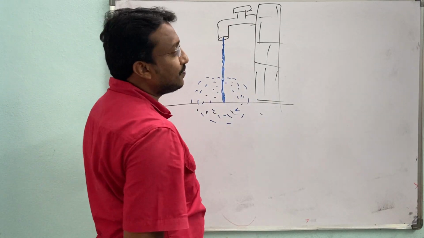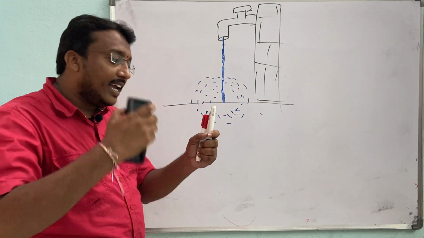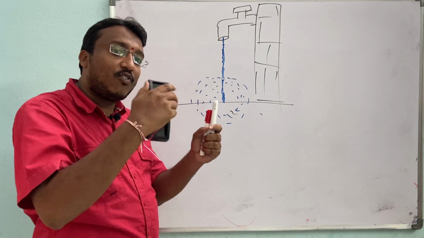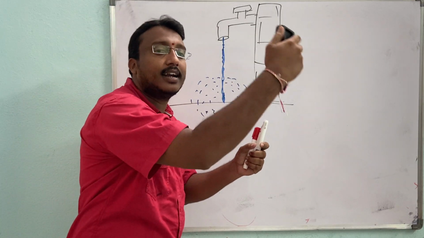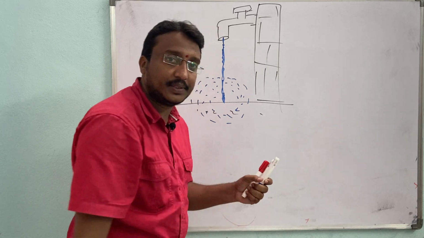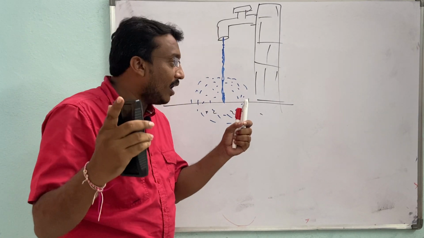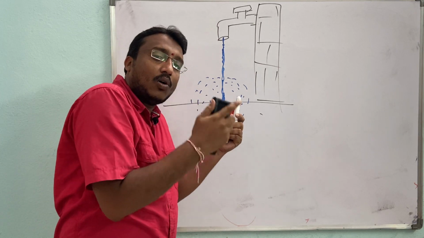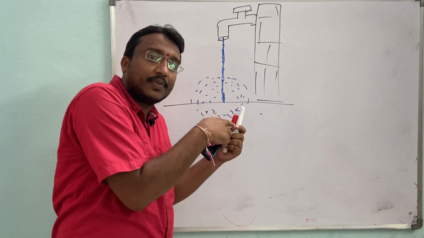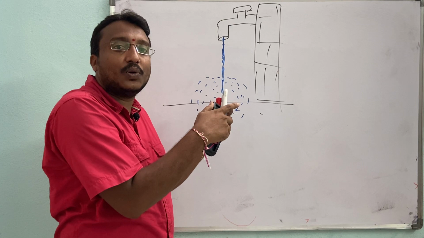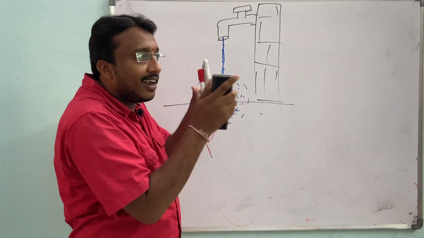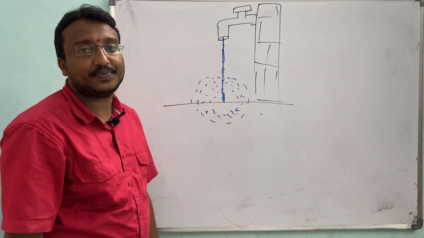Similarly, what happens if light falls on atoms or on molecules? When light falls on an atom or on a molecule, the light also sprinkles in all directions like water.